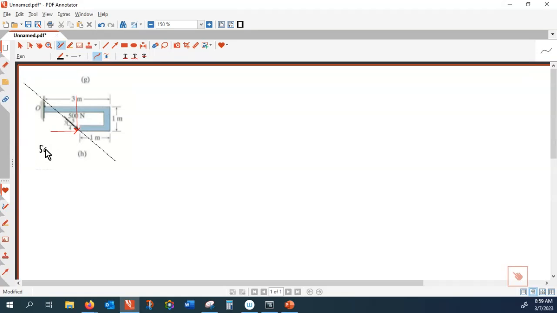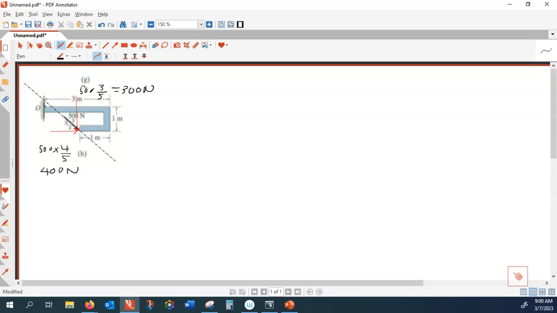That is 500 multiplied by 4/5, which is 400 Newton. And the vertical one is 500 multiplied by sine of that little triangle, which is 3/5, and that is equal to 300 Newton. Now we have two forces.